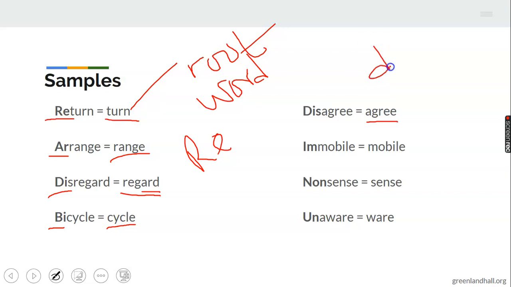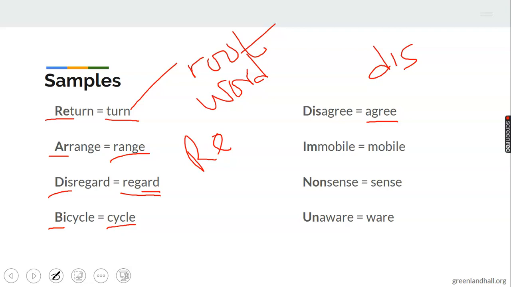Yeah, you're correct. D-I-S. And that makes it what? Disagree. So agree means you are in wholeness, you join, you concur, you are together. But when you disagree, it means you are not following. That's a disunity. You are not going to be with them. No togetherness. That is a different meaning on its own.